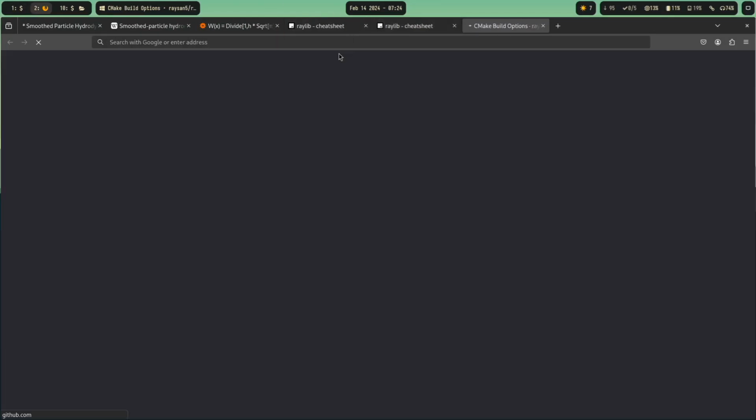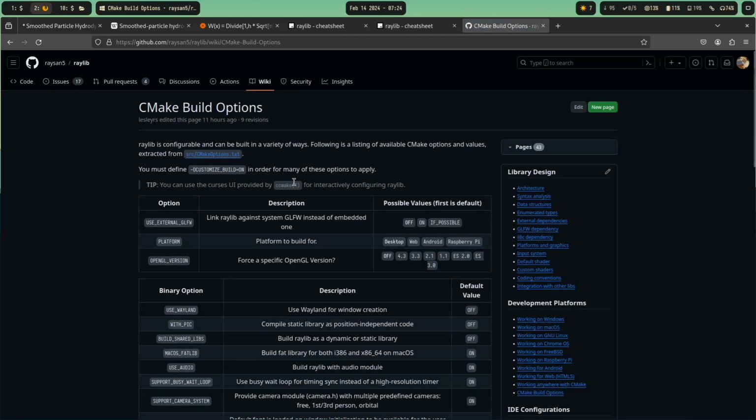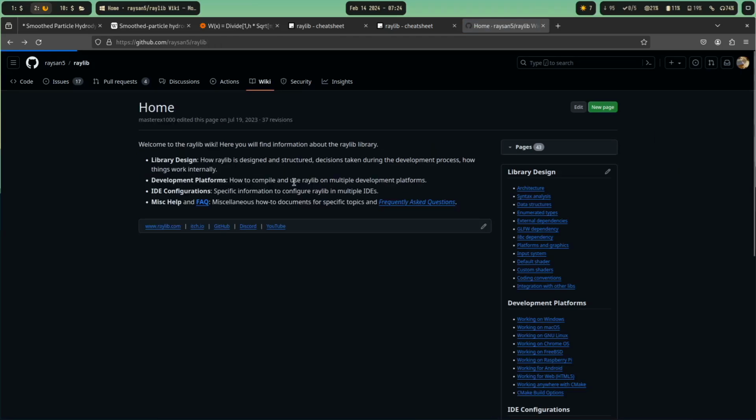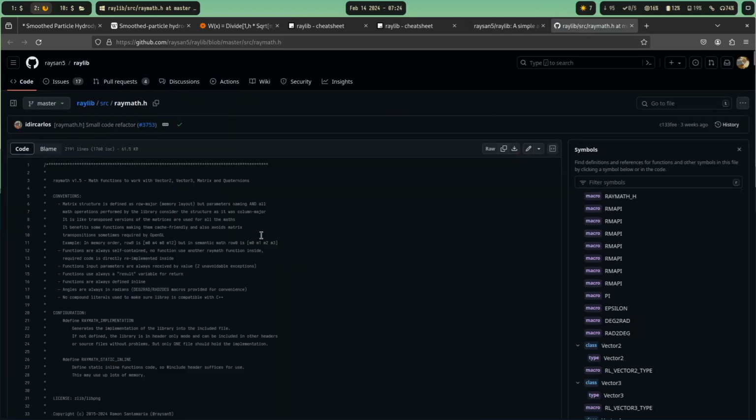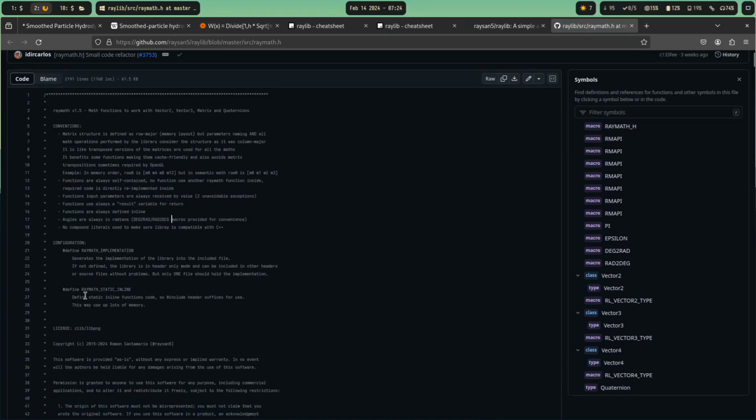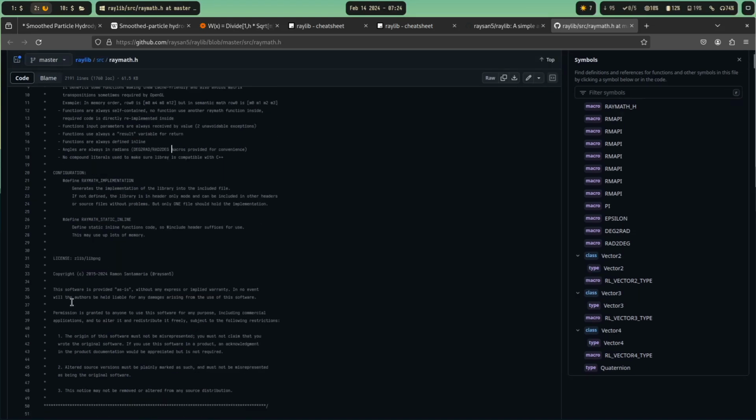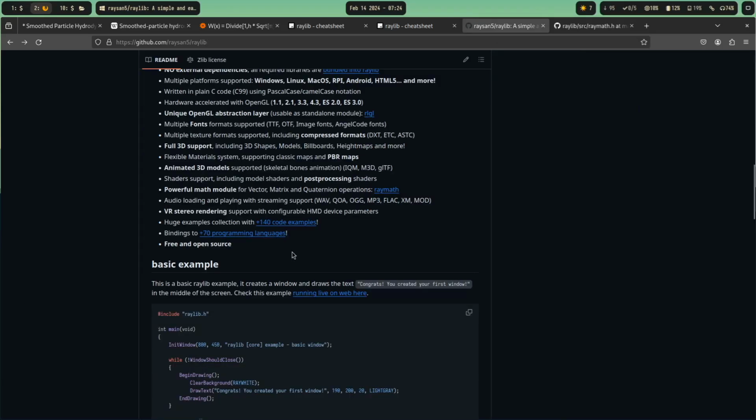Maybe I made a mistake here somewhere, and okay, configuration. Doesn't really say how to use it, right?